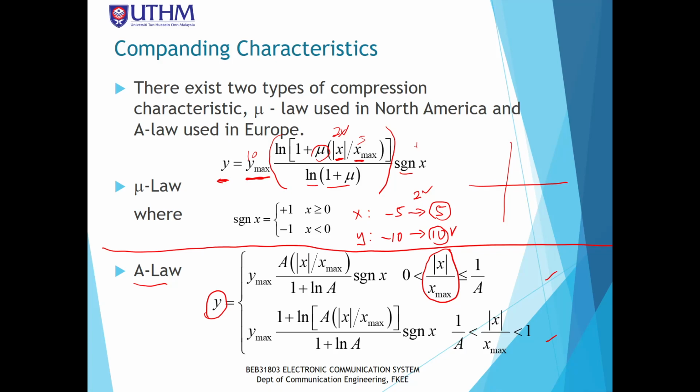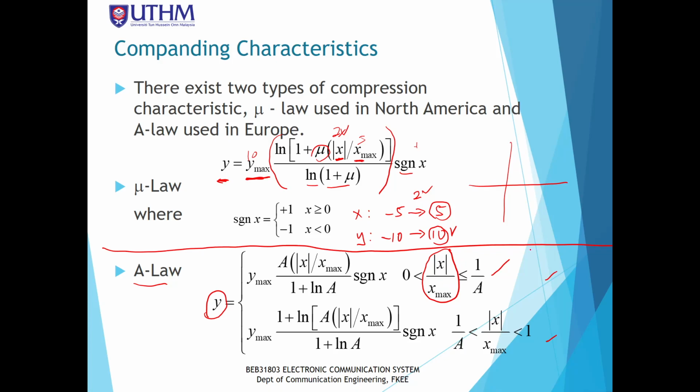So if the ratio of input is more than 0 and less than or equal to 1 over A, that means you're going to use the first equation.